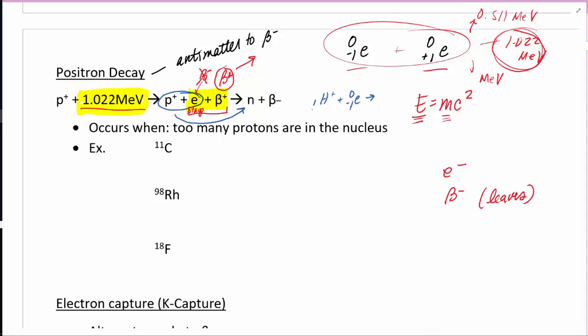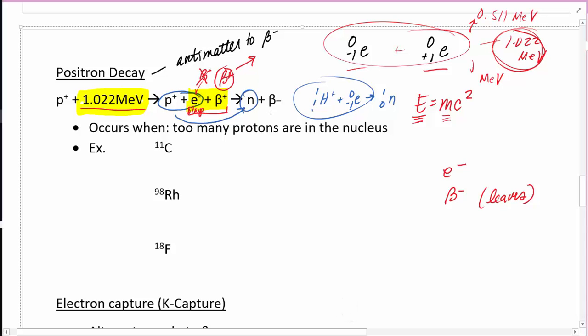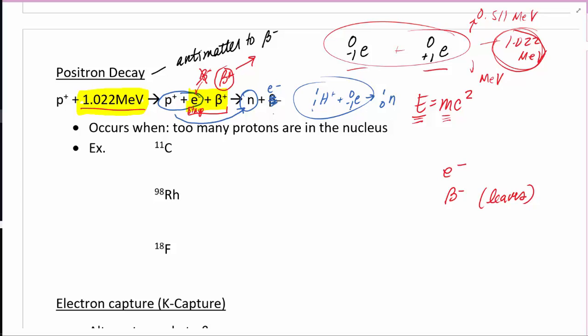Should have a 1 up here. 1 plus -1 is 0. 1 plus 0. Look, here's your proton plus electron turns into a neutron. And this is really, I probably wrote this wrong, an electron that stays as a result. So that is essentially what happens.